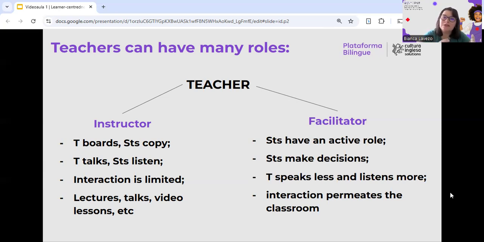The teacher is no longer the only source of knowledge. Then in the student-centered lesson, the students actively construct their own understanding of something. It encourages collaboration, critical thinking, autonomy as well, right?